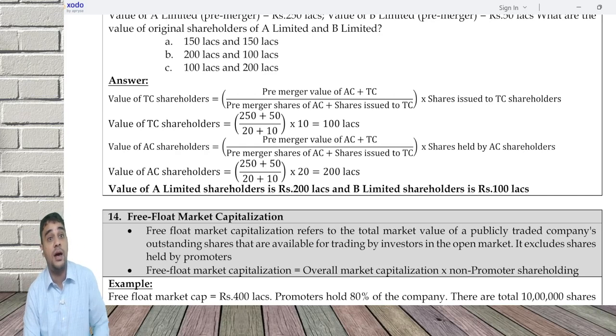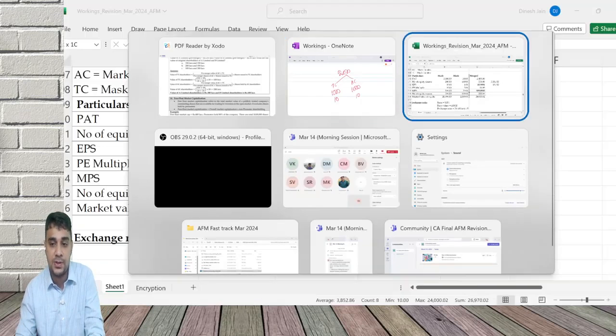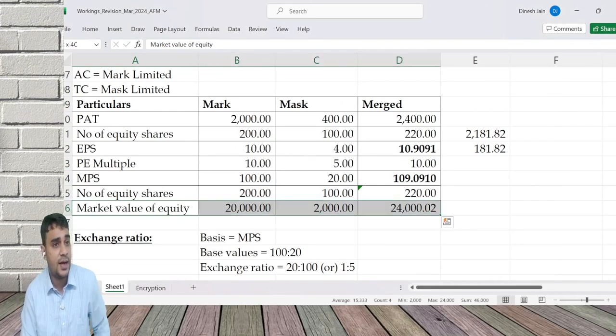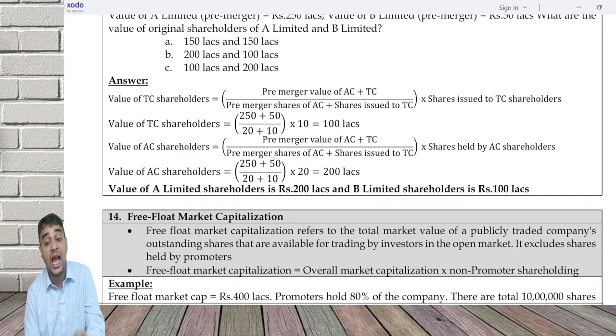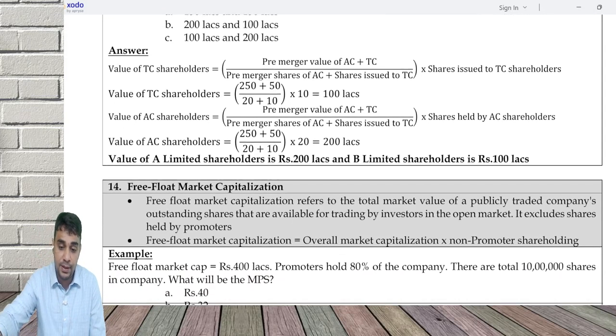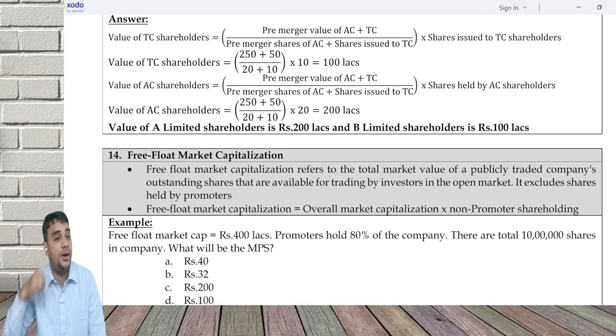So free float market cap is the total market cap, which is the market value of equity, into shareholding of non-promoter. An example: free float is 400 lakh.